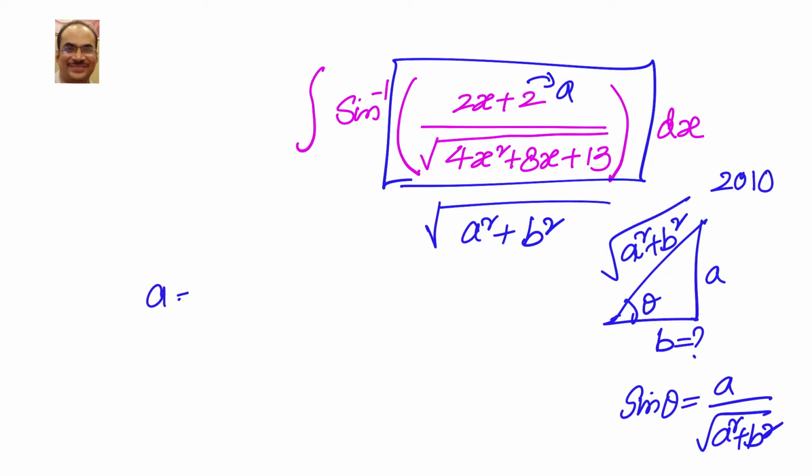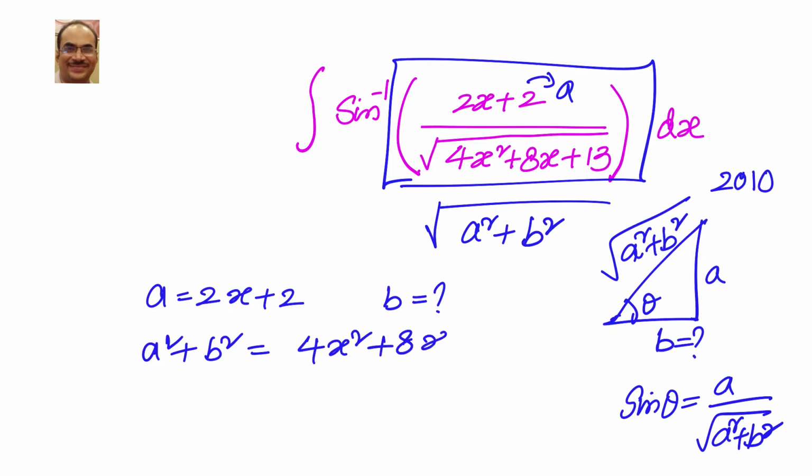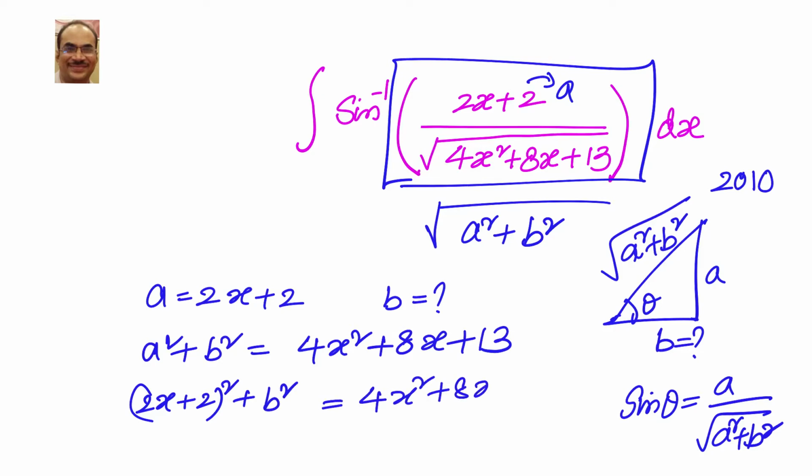So I know a equals 2x plus 2. I don't know what's the value of b, but I know a square plus b square equals 4x square plus 8x plus 13. If a equals 2x plus 2, squaring it, you will have (2x plus 2) whole square plus b square equals 4x square plus 8x plus 13.